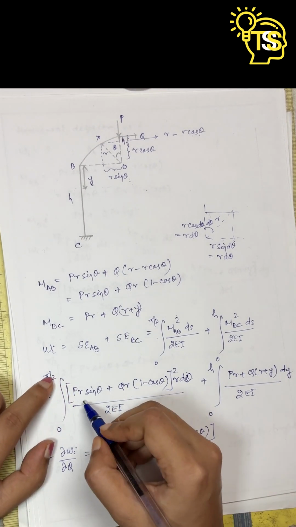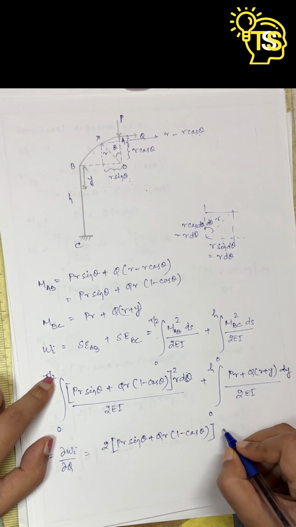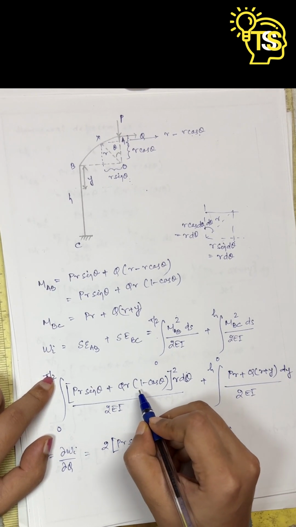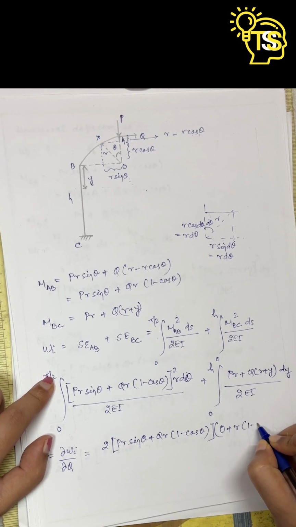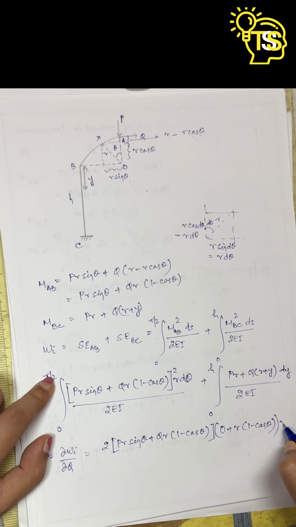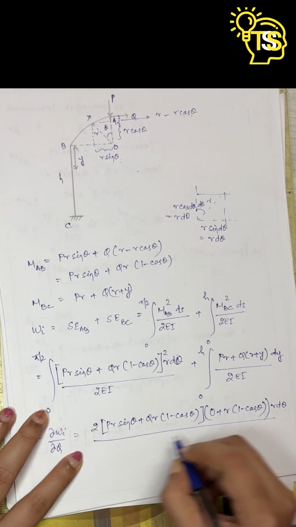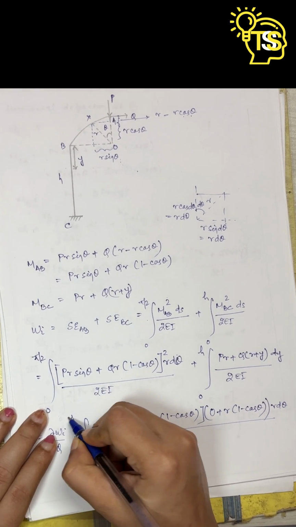Now after partially differentiating, PR sin theta will become 0. So 0 plus, partially differentiating QR (1 minus cos theta), we will get r (1 minus cos theta) r d theta upon 2EI, integration from 0 to pi by 2.